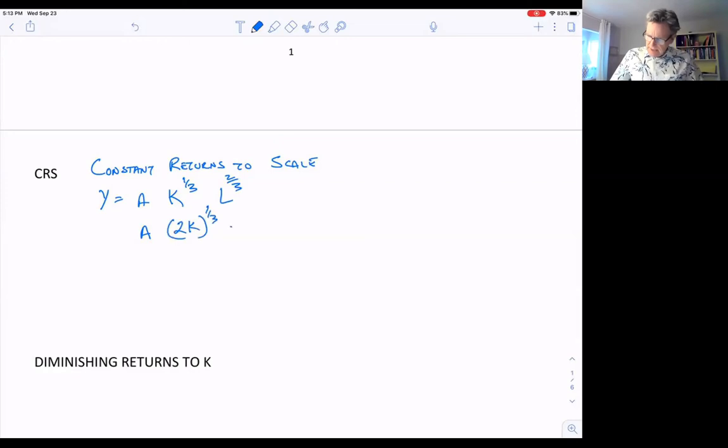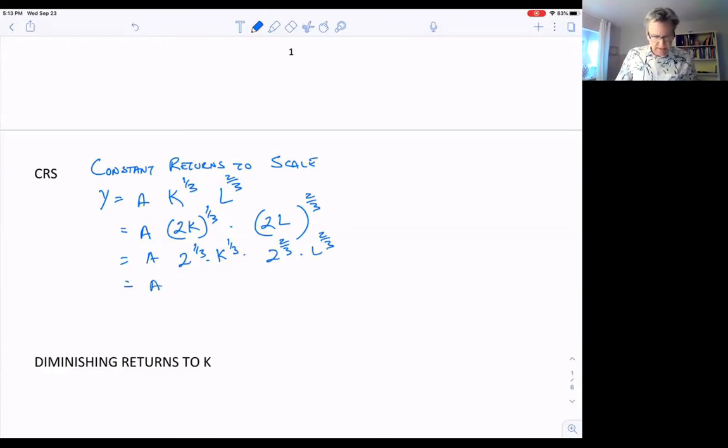And if we double labor, we'll have 2 times L for labor, to the 2/3 power. And that would be equal to A times 2 to the 1/3 times K to the 1/3 times 2 to the 2/3 times L to the 2/3.